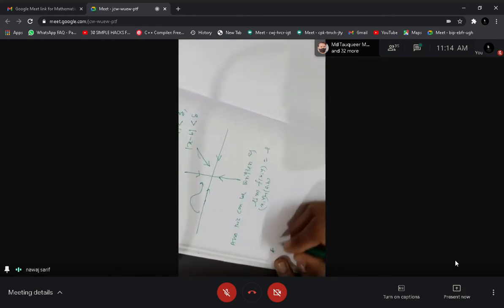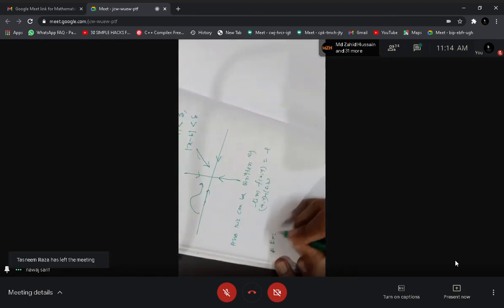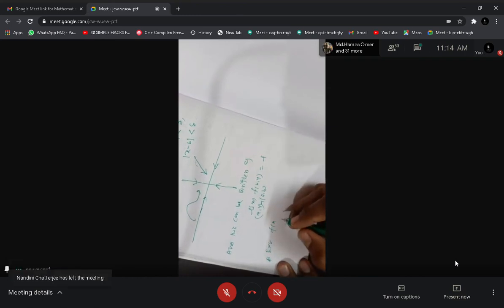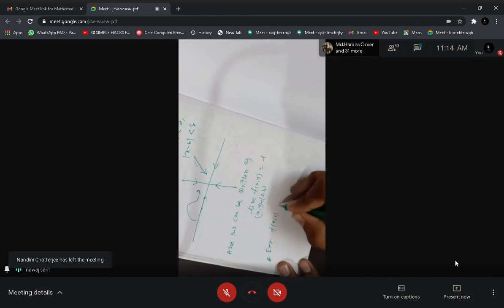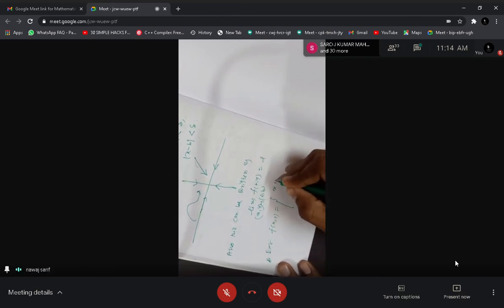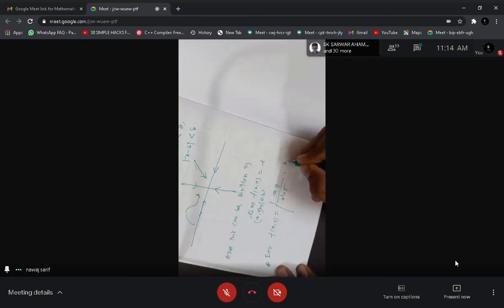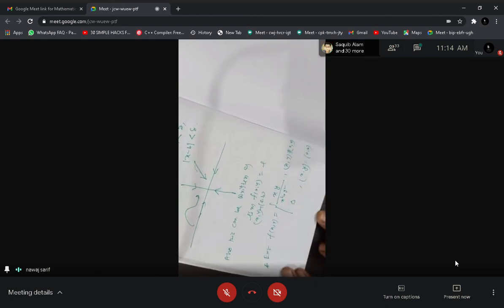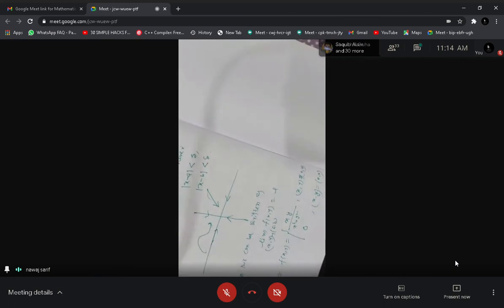For example, if we say that f(x, y) equals xy upon x square plus y square when (x, y) is not equal to (0, 0), and 0 when (x, y) equals (0, 0). Can you tell me what is the limit of this function?